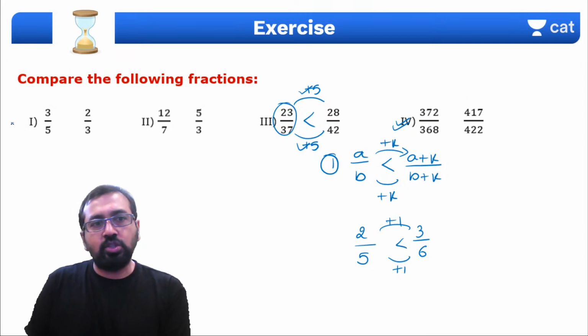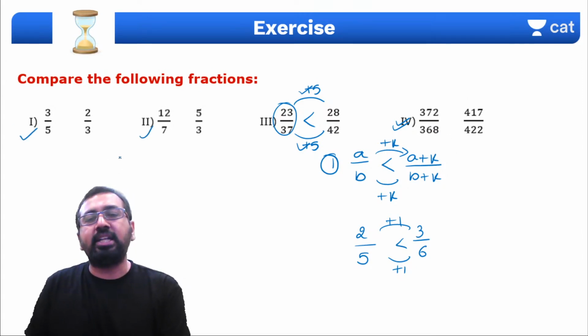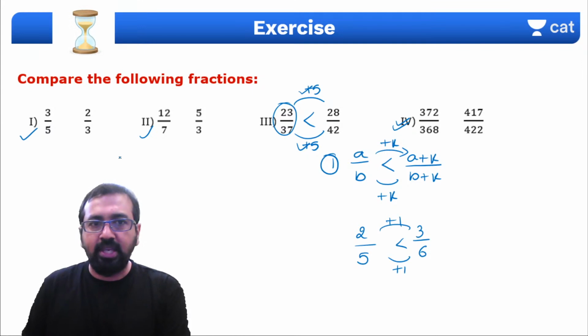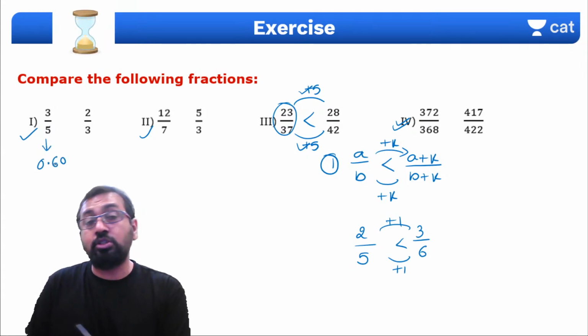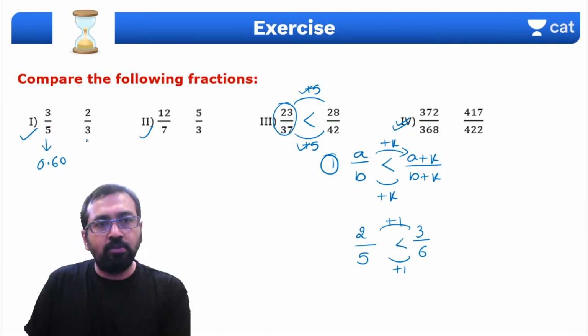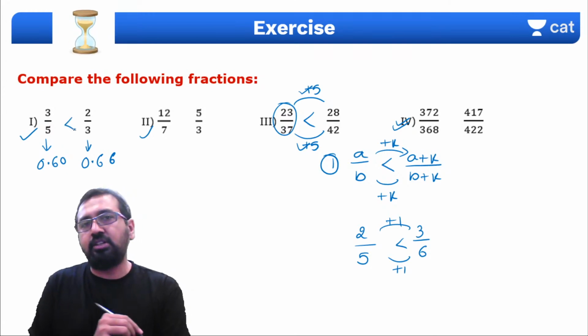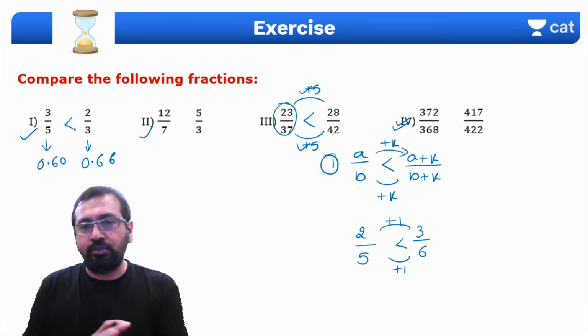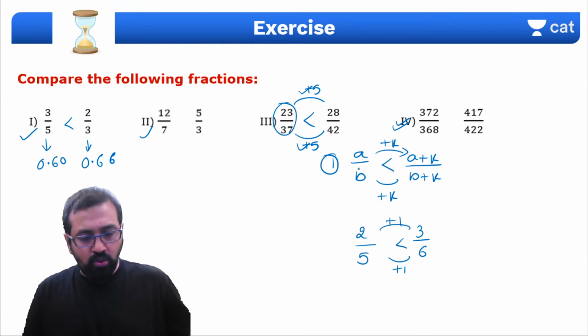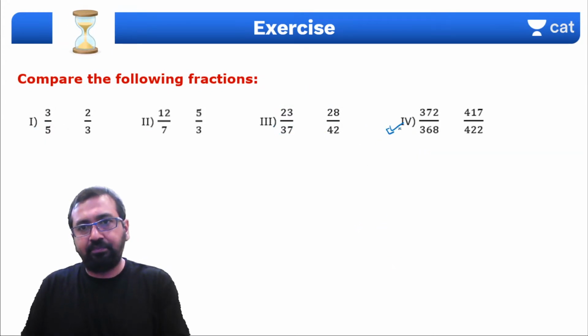By the way, you can solve all these questions by converting them into decimals also. For example, 3 by 5 is nothing but 0.6, which can also be written as 0.60. 2 by 3 is nothing but 0.66. So this is another way by which we can say that 2 by 3 is greater than 3 by 5, just for your information. So coming back to question number 4.